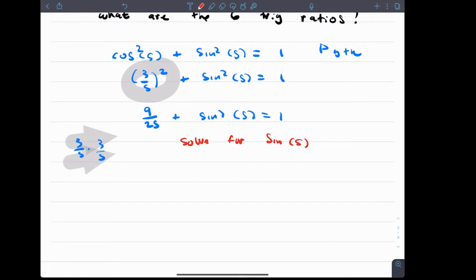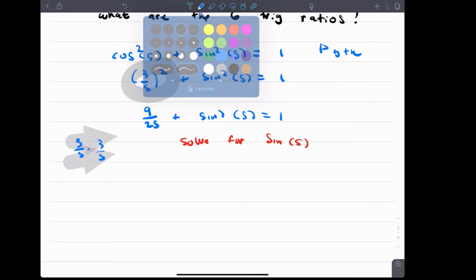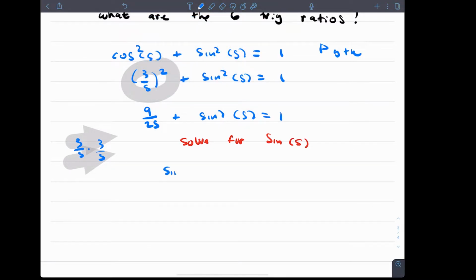They want the 6 trig ratios. So if you solve for sine, that means sine squared S is 1 minus 9/25, okay? Because you're going to have to subtract that 9/25 from both sides. Is that right? You guys see what I'm saying?